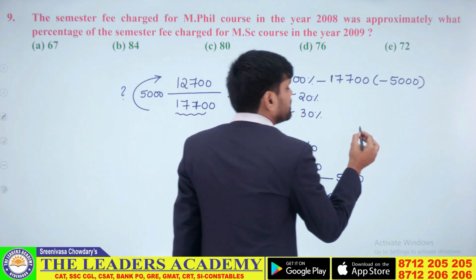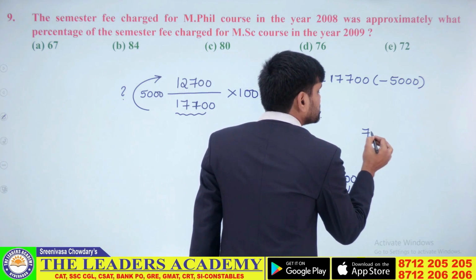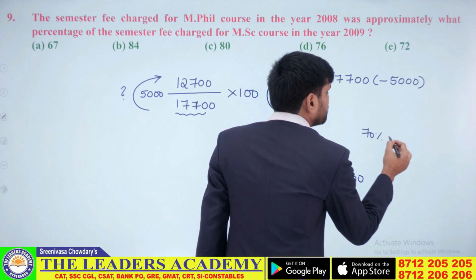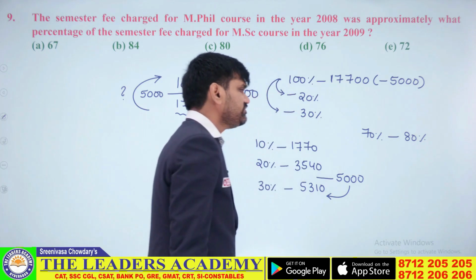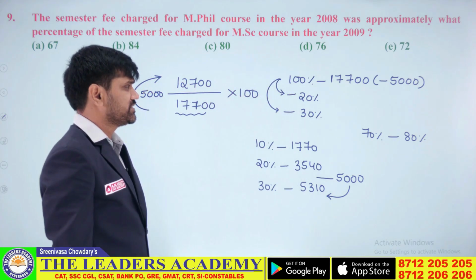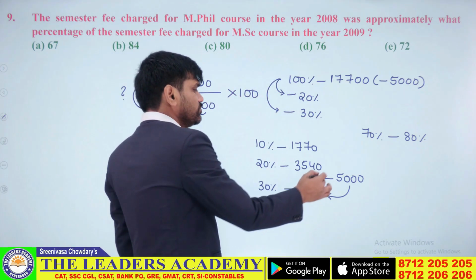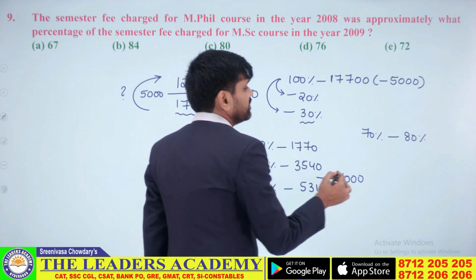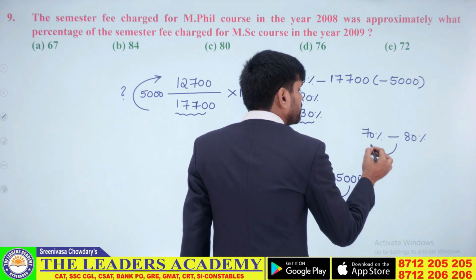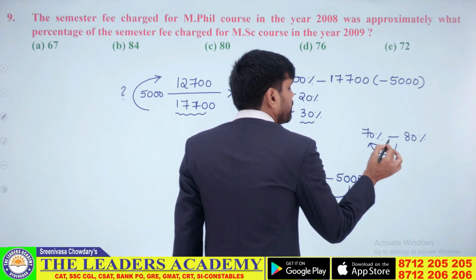So my answer will be in the range of 70% to 80%. So whatever to be removed is more nearer to 30%, means my answer will be more nearer to 70%.